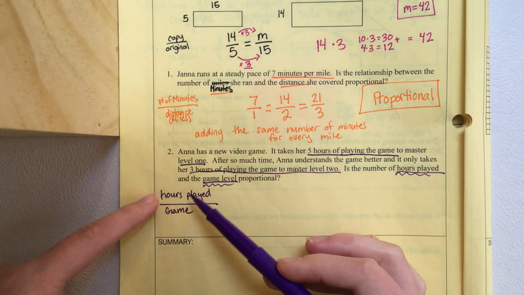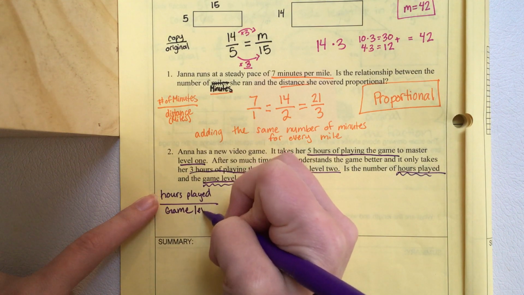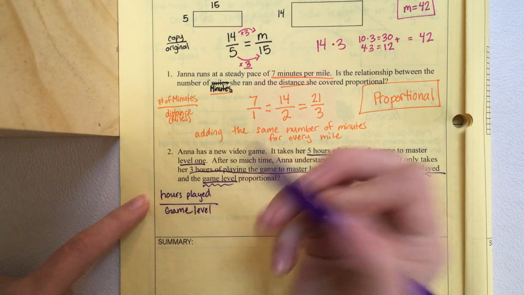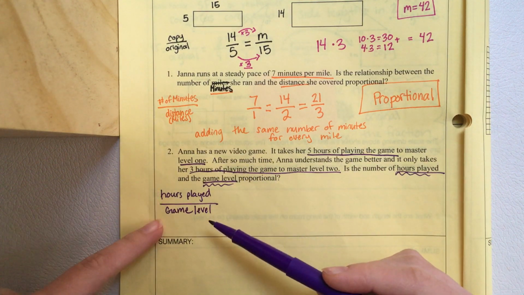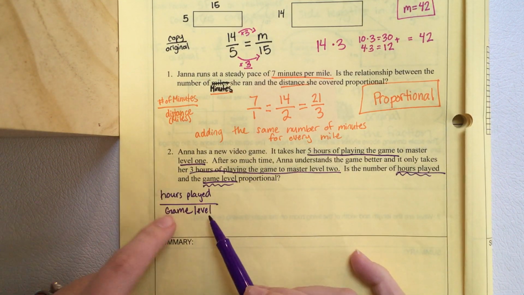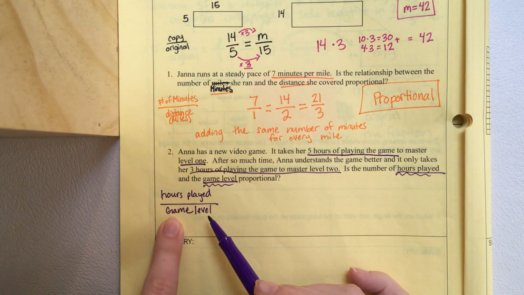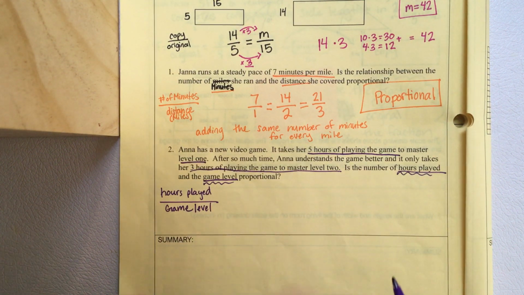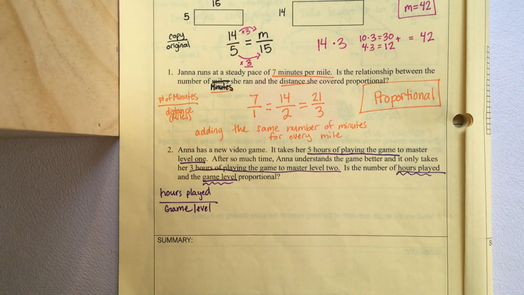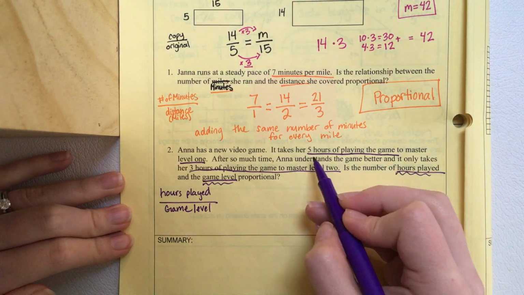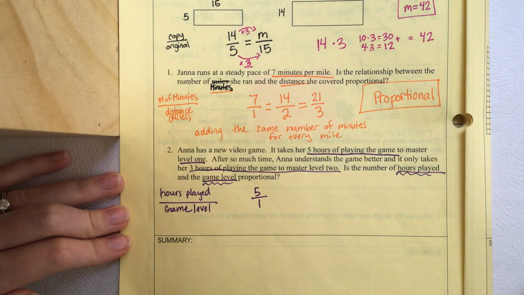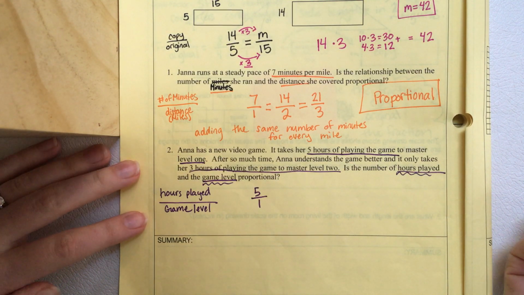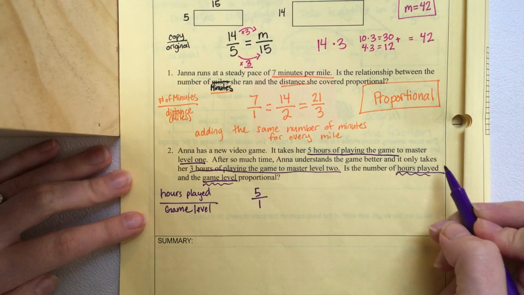You could put the game level on top and the hours played on bottom. That part doesn't really matter too much. It's really up to you as long as you set up what you are doing. So I would always start off by labeling what your fractions are going to mean, and then we can look at our proportional statement and see if it's true. So it says 5 hours, game level 1. And it says hours played, so that means total hours played.